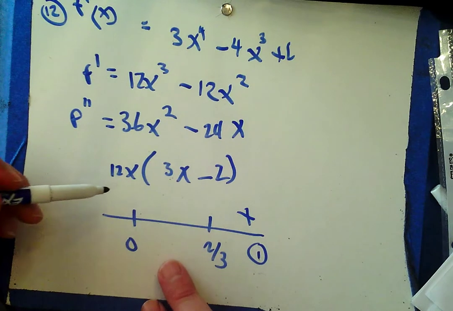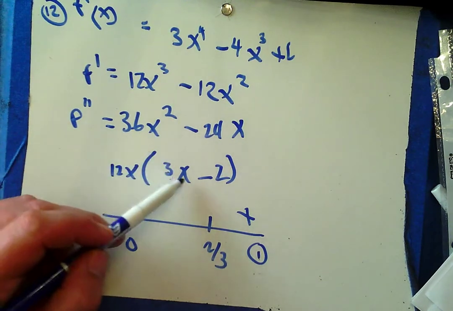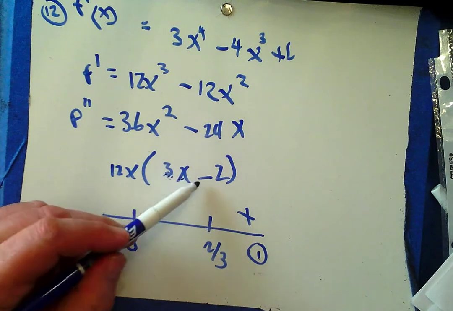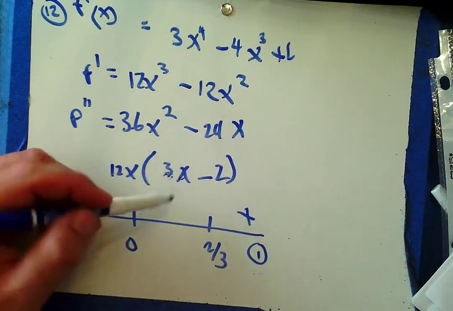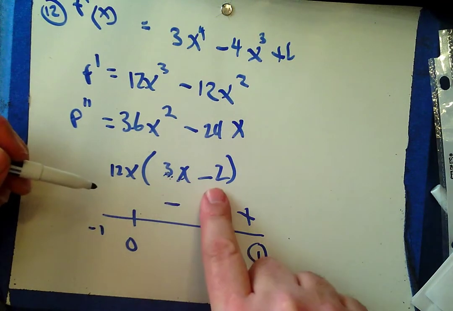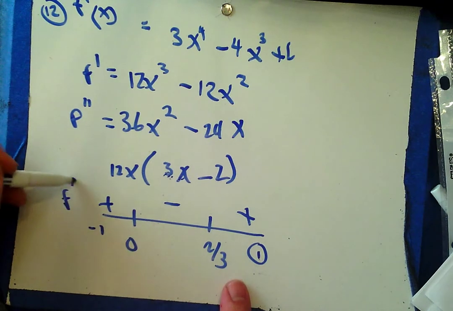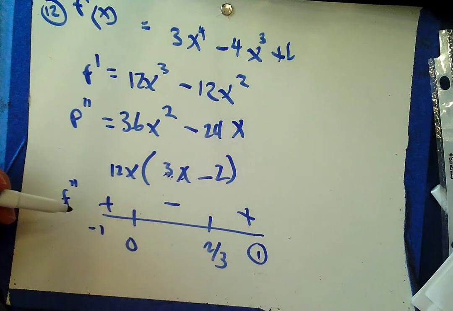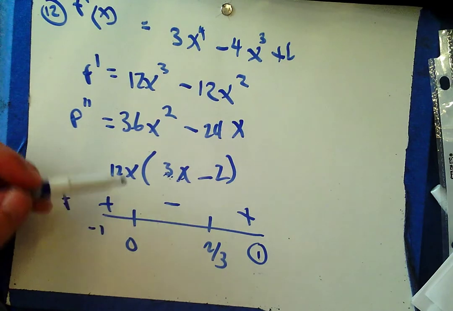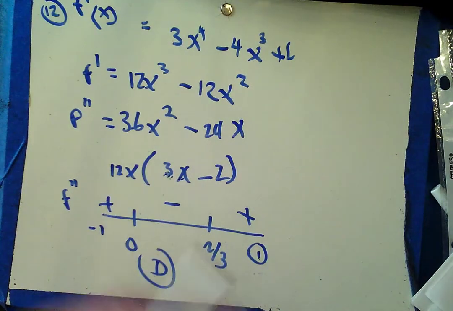And let's plug in a 1/3, and you may say, why 1/3? Well, 3 times 1/3 is 1. 1 minus 2 is negative, times positive is negative, and I'll plug in a negative 1. I get negative 5 times negative 12 is positive. I do have sign changes in f double prime twice, once at 0 and once at 2/3, and so choice D is my answer to 12.